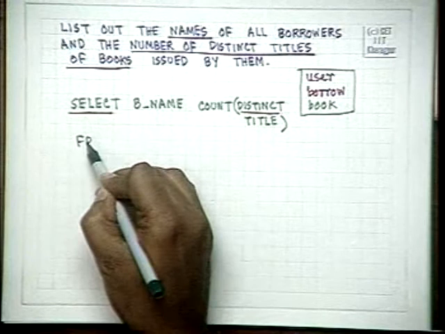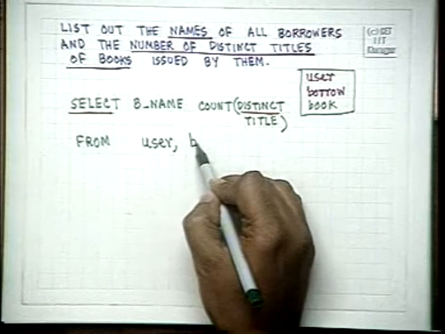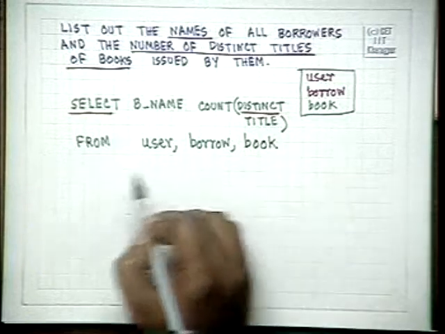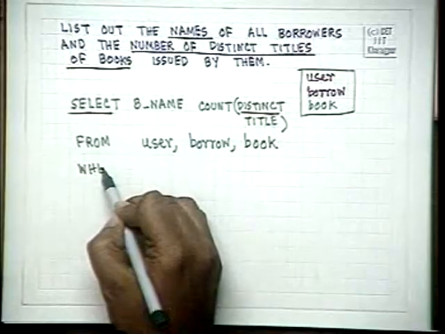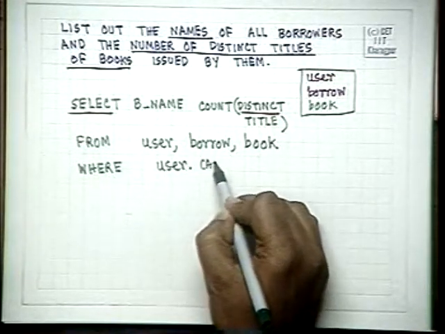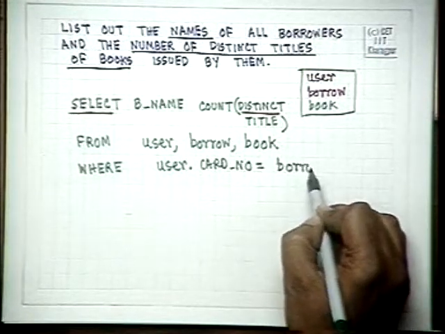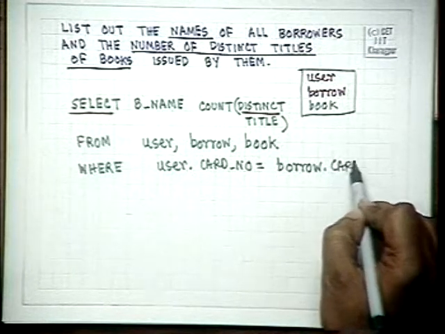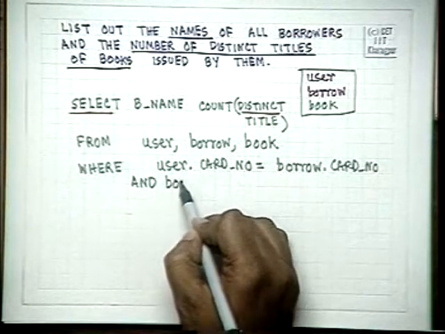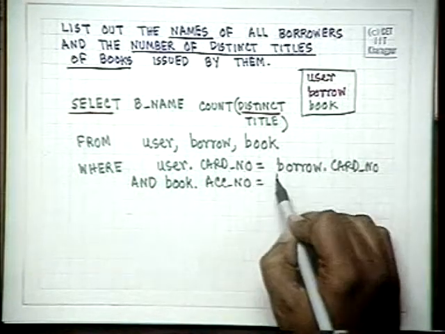from. Now we will do a natural join between user, borrow and book, where user.card number is equal to borrow.card number, and book.accession number is equal to borrow.accession number.